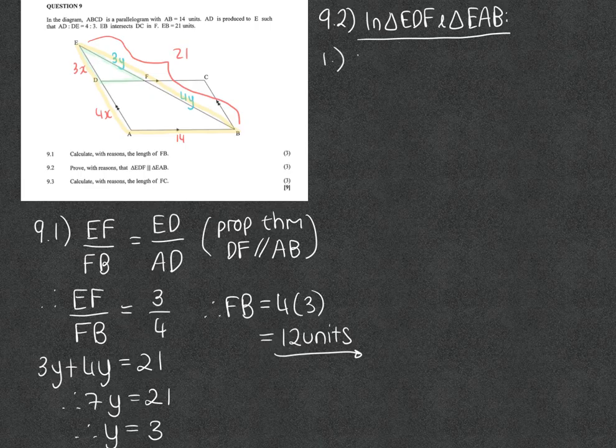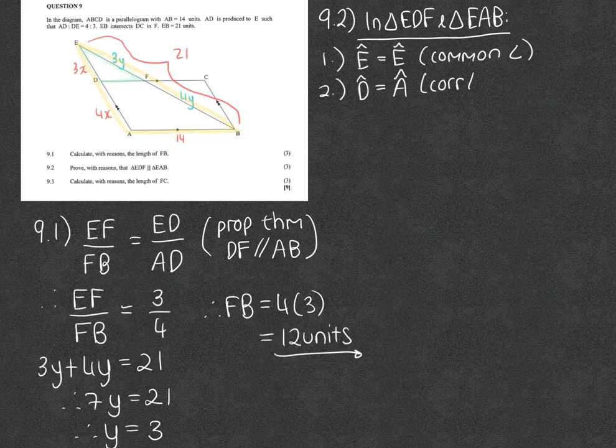Number 1, angle E is equal to angle E. Reason, common angle. Number 2, angle D in the small triangle is equal to angle A in the big triangle. Reason, corresponding angles. And that's because DF is parallel to AB.